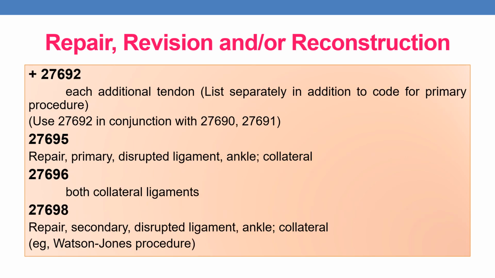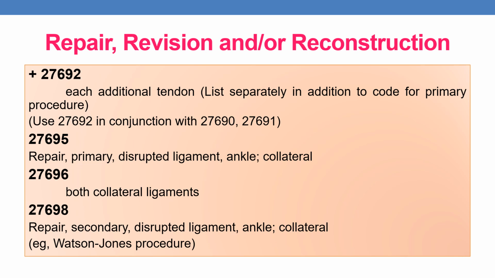And for each additional tendon thereafter, to be reported along with the primary procedure, the add-on CPT is plus 27692, and use 27692 in conjunction with either 27690 or 27691.